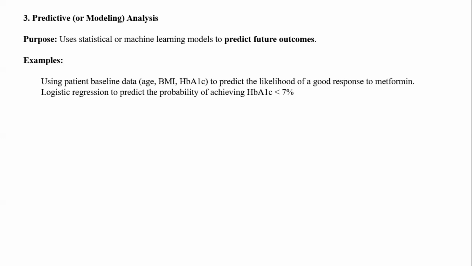After recording the baseline, you can subject it to an equation provided by the predictive analysis, where you can predict the likelihood of a good response. This also helps in predicting other outcomes that may happen, especially to people who have been exposed, as in the case I have provided.